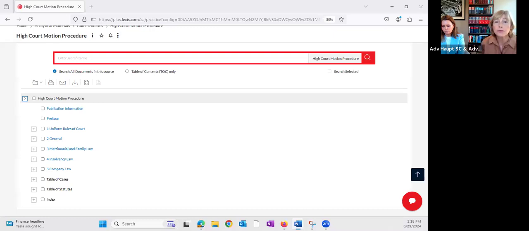Then there's Rule 43 for interim maintenance, contact and care of minor children. It's possible to bring an application under Rule 46 and 46A for execution against immovable property as a substantive application. And then Rule 53 forms the basis of your review application.